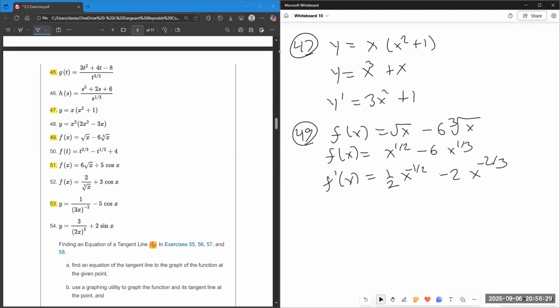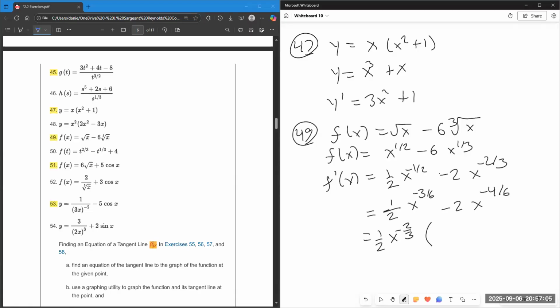And let's make a common denominator for our exponents here. So this is going to be 1/2 x to the negative 3/6 minus 2x to the negative 4/6. And so I'm going to factor out a 1/2 x to the negative 4/6, or negative 2/3.